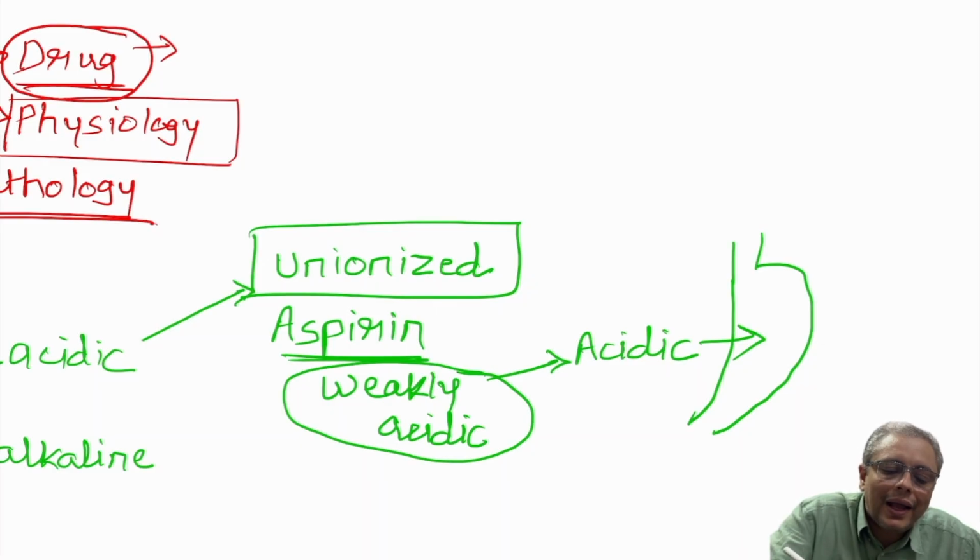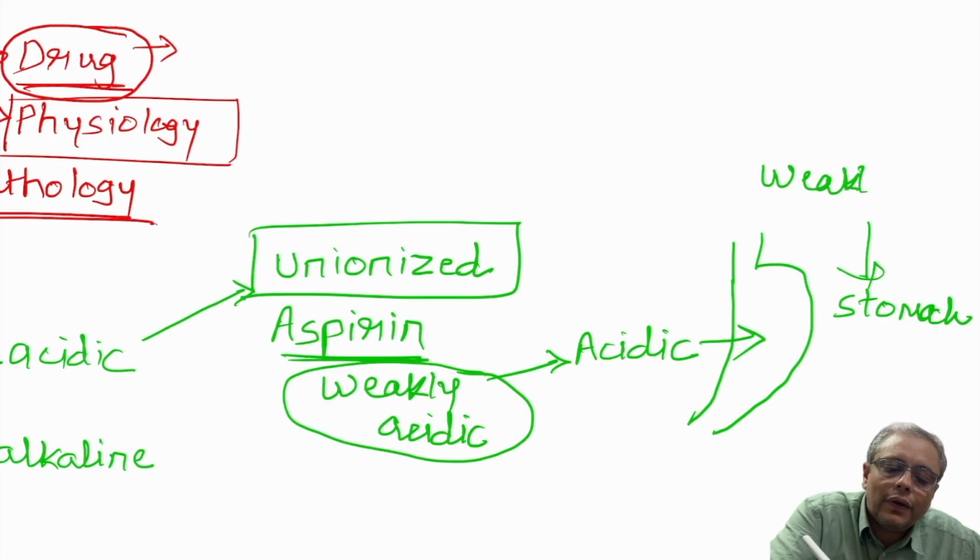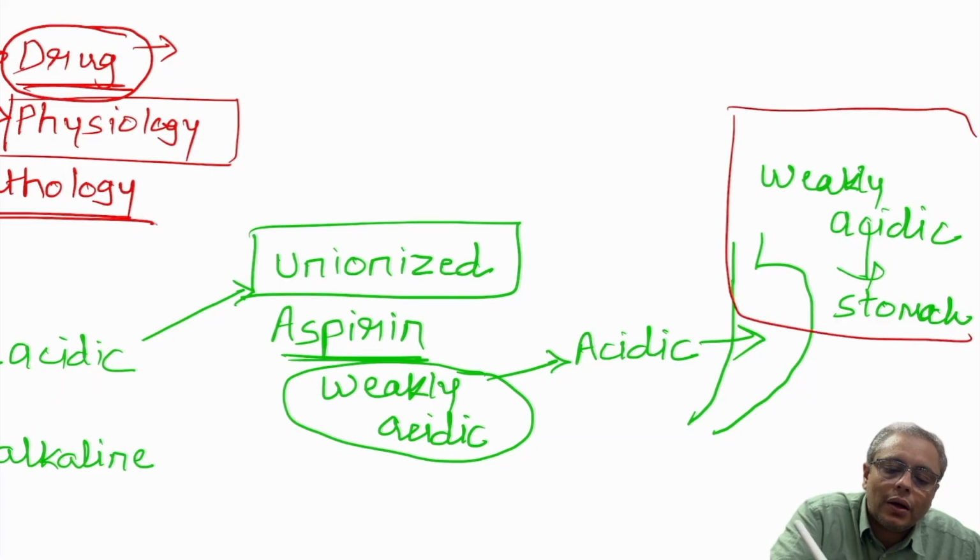That's why aspirin is better absorbed from the stomach. So one can also say that if the drug is weakly acidic, it is better absorbed from the stomach. This should be clear.